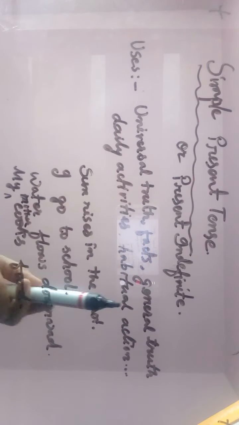For example, sun rises in the east. General truth: water flows downward. Daily activities: I go to school. Habitual action: my mother cooks food. So here we have observed some examples.